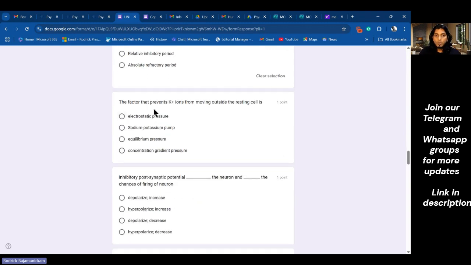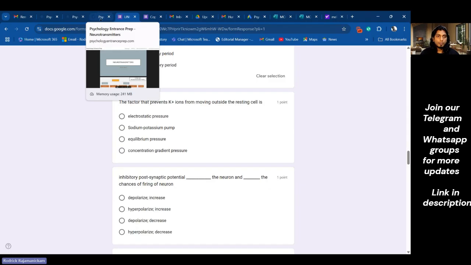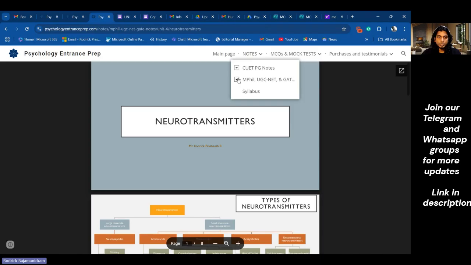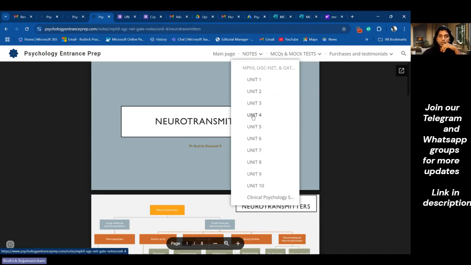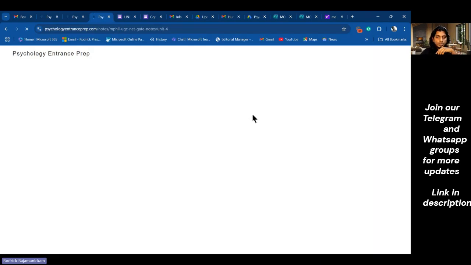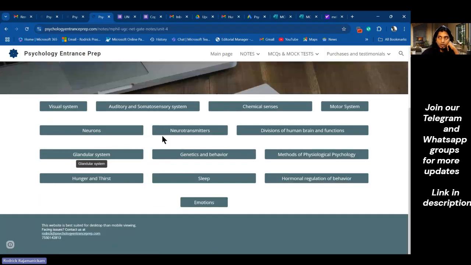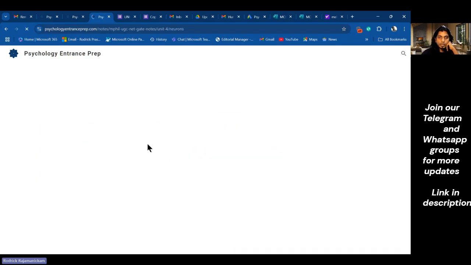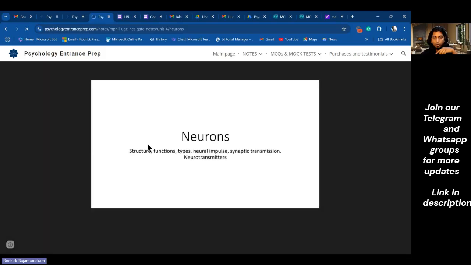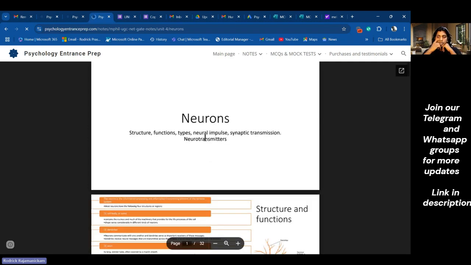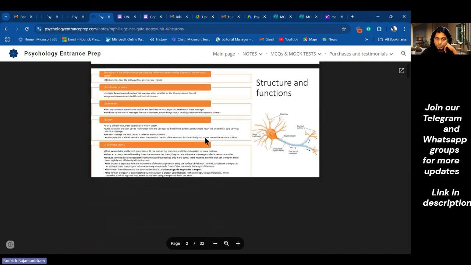Fine. Then we have K plus ions. For this we need a picture. In the neuron we have various ions: potassium, sodium, even chlorine, and even positive protein ions. They are in various concentrations within the neuron and outside the neuron. K plus, or potassium ions, are mostly within the neurons, and outside the neurons they are lesser in concentration.